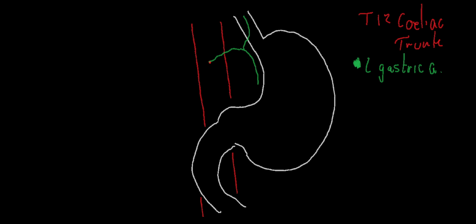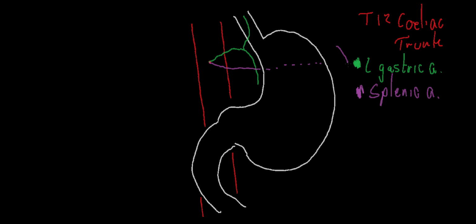The next branch is the splenic artery. Splenic artery. And this will branch off from the celiac trunk and travel posterior to the stomach.